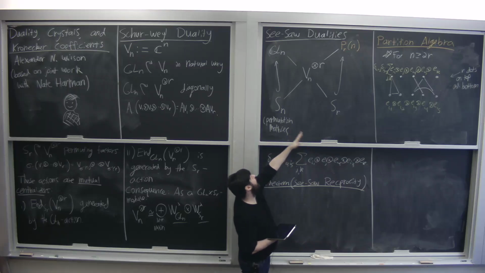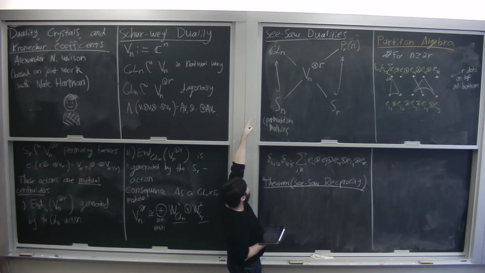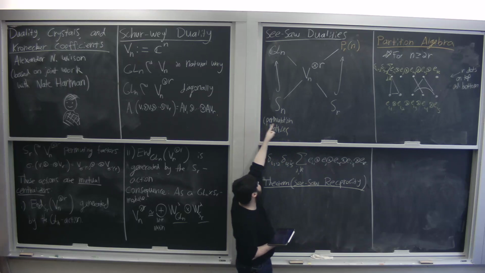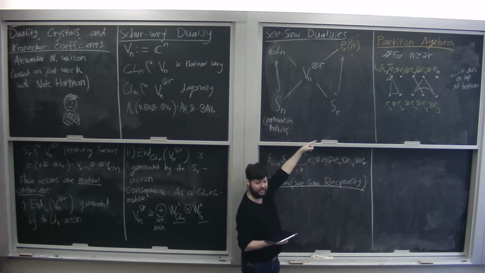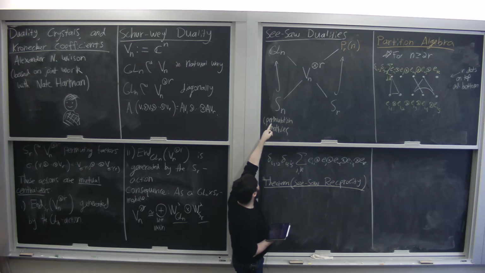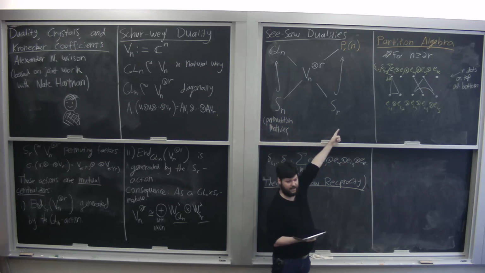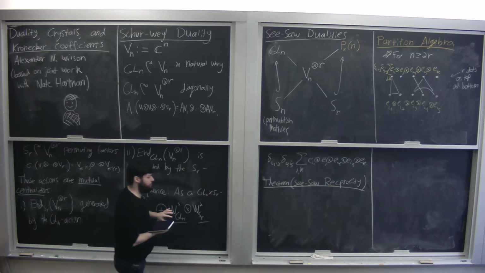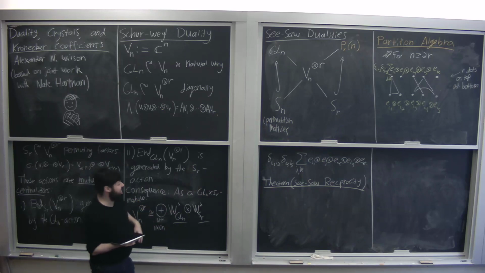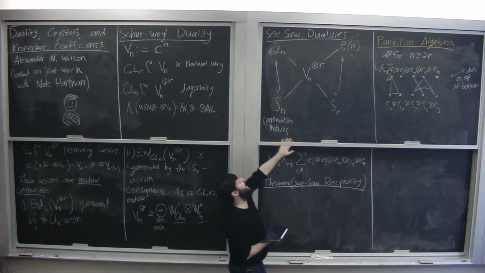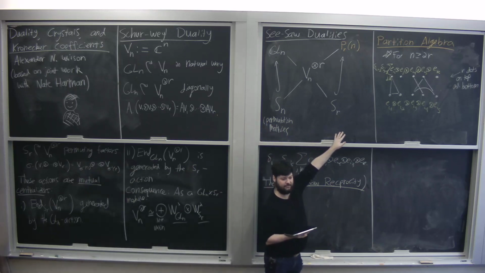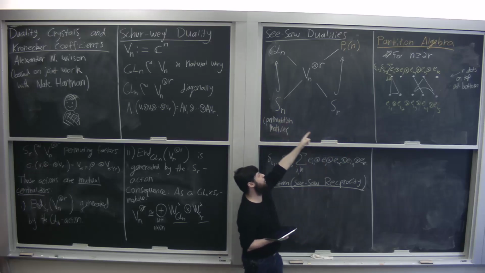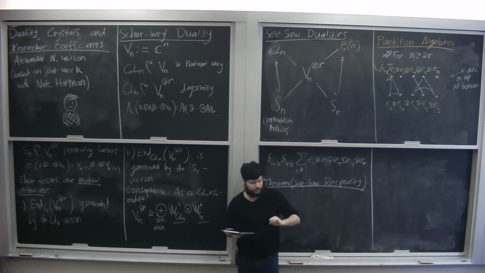You're not really saying much about what the SN and the SR are doing together, but because the SN sits inside GLN, this SN action will commute with the SR action. But you won't get as much representation theoretic information, because SN is not everything that commutes with SR. If you're asking for only some piece, this SN won't directly tell you about SR.